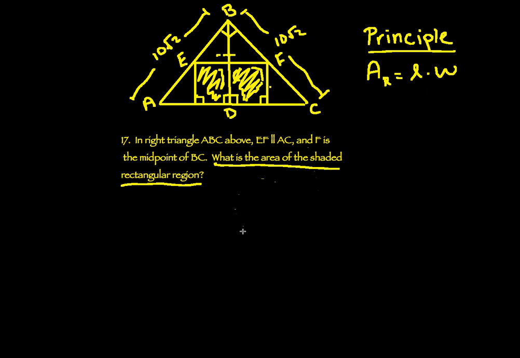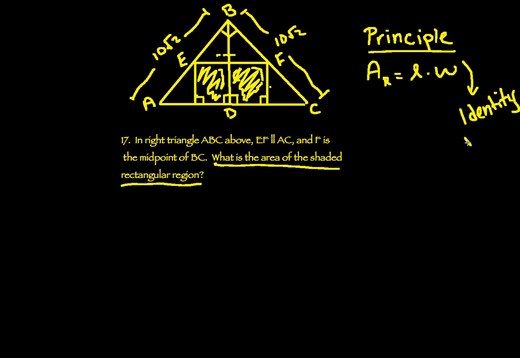So let's take a look at what they've given us, and we'll uncover some of these other principles that we have to know. Again, these principles give us the basic identities that we're going to use. An identity is any formula, something like the area of a circle is pi r squared, or in this case the area of a rectangle is length times width. That's an identity.